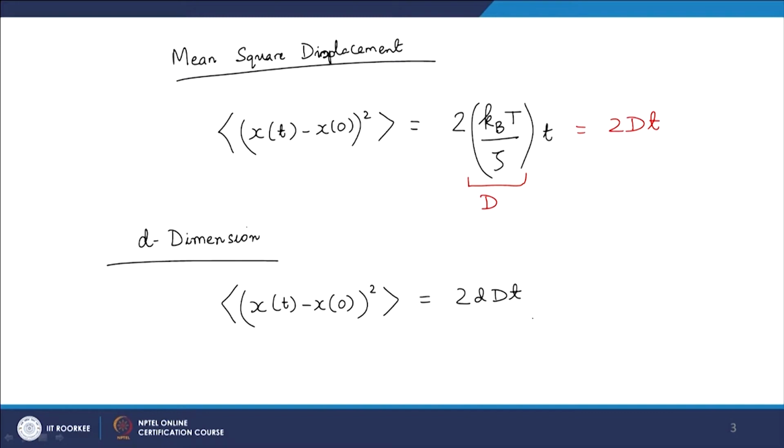So, for example, in 3D this is equal to 6Dt, in 2D this is equal to 4Dt and so on. That is the first point.